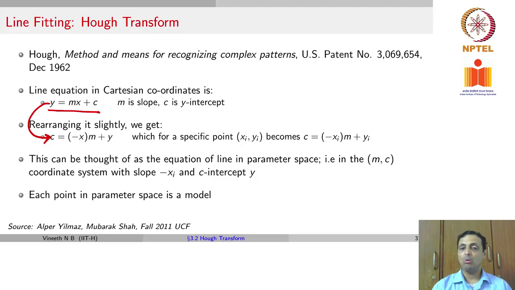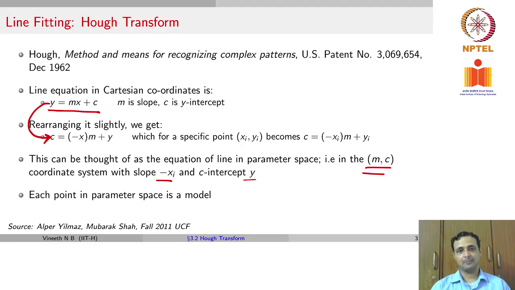Rather, we now live in an mc space where x and y define the line in that space. So we were originally in the xy space where m defined the slope and c defined the y-intercept. We could rearrange these terms slightly to now go to an mc space where minus x becomes the slope and y becomes the c-intercept.